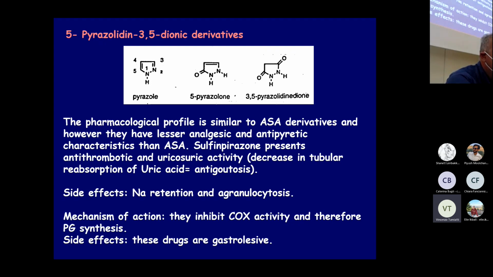If you want to avoid this type of effect, we have to increase the elimination of uric acid at the kidney level. We can drink a lot of water, okay, but in this case it is necessary to use a compound with great affinity for the reuptake system of uric acid at the renal level. We say uricosuric activity.